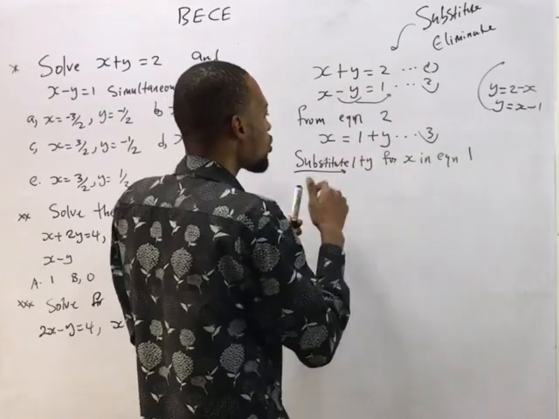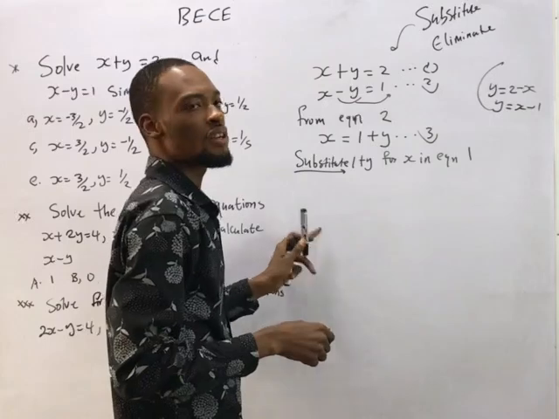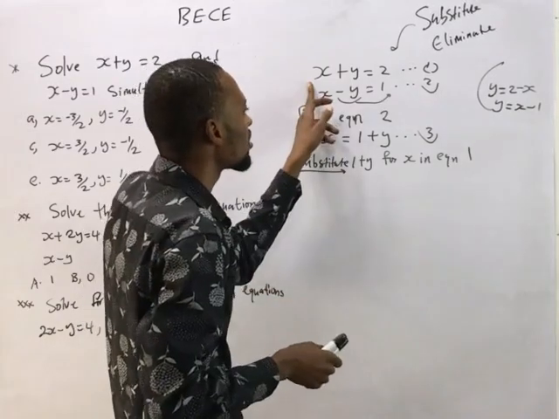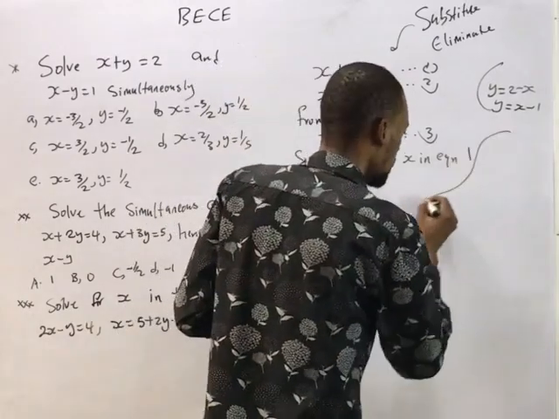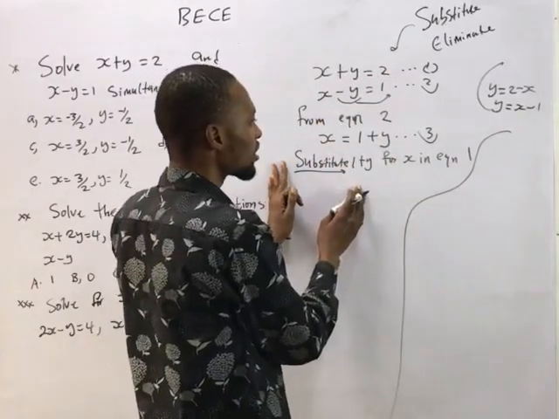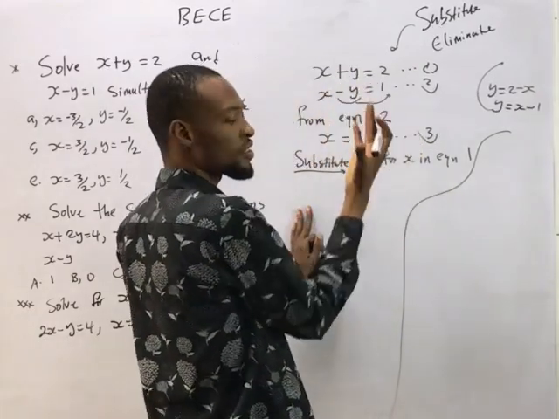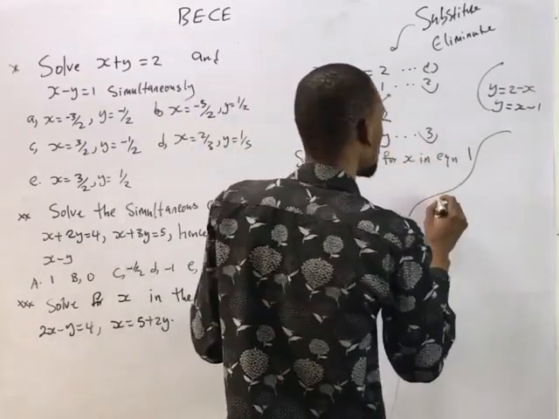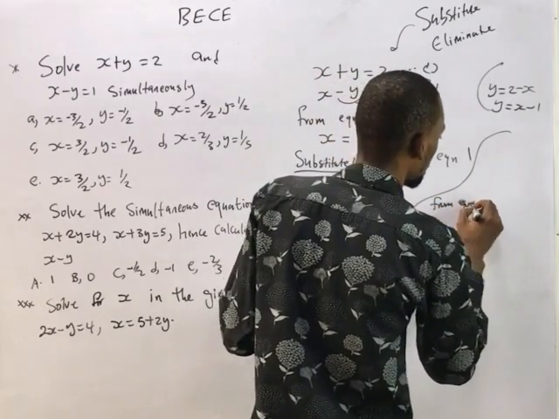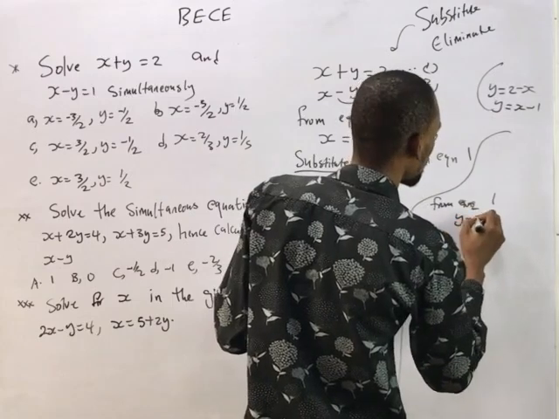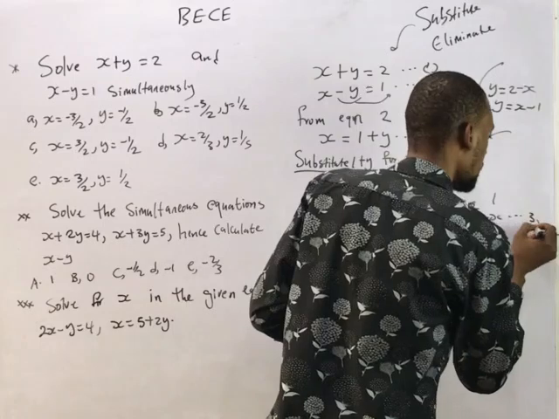So what I will do now is substitute this value of s in equation 1. Okay, let me do it together for you. So let's say for your own, you are making y the subject from equation 1. You just say from equation 1, y is equals 2 minus s, to get your equation 3.